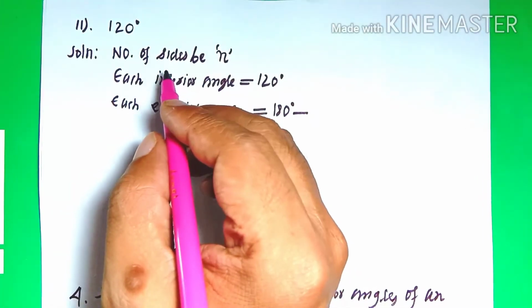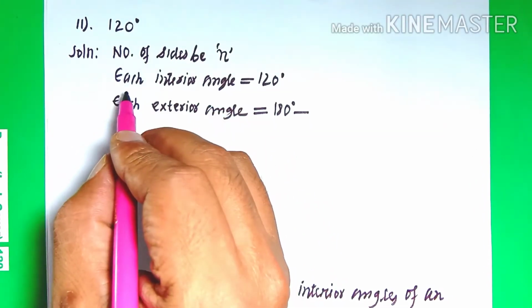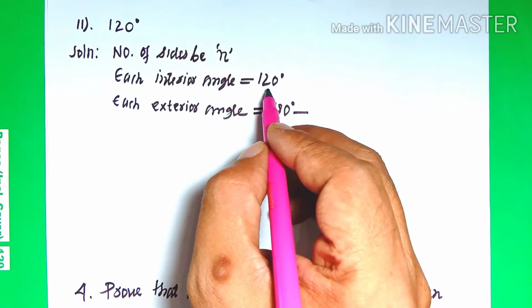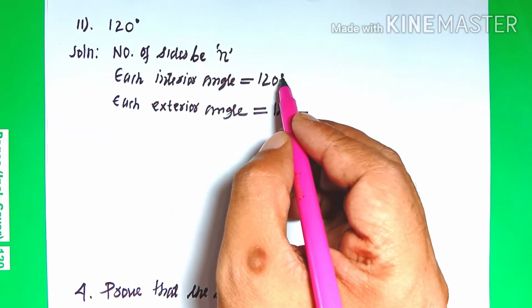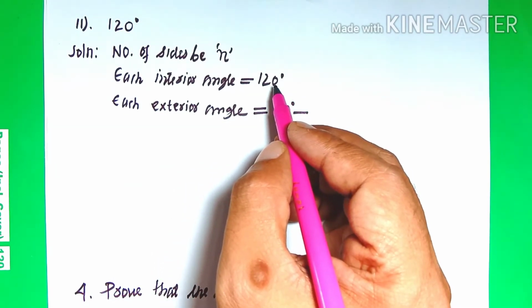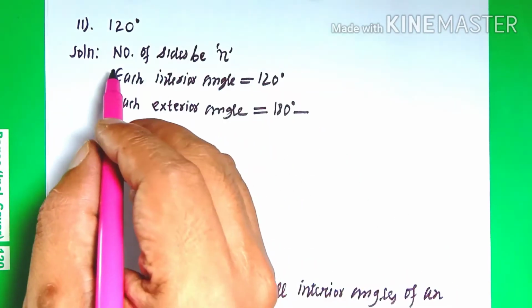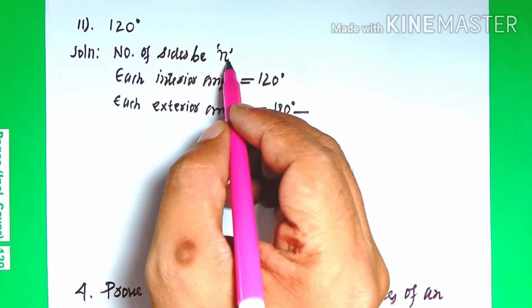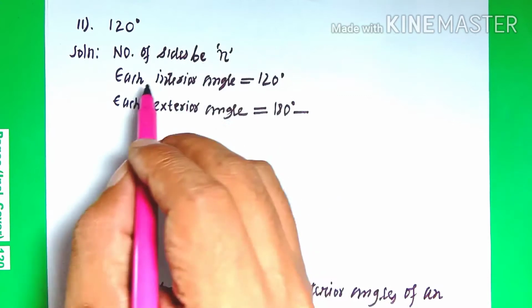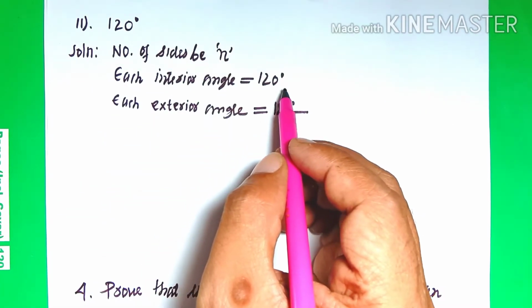Question number 2: here each interior angle is equal to 120 degrees. With the help of this, you have to find the number of sides. Let the number of sides be n. With the help of these hints, we can find the number of sides.